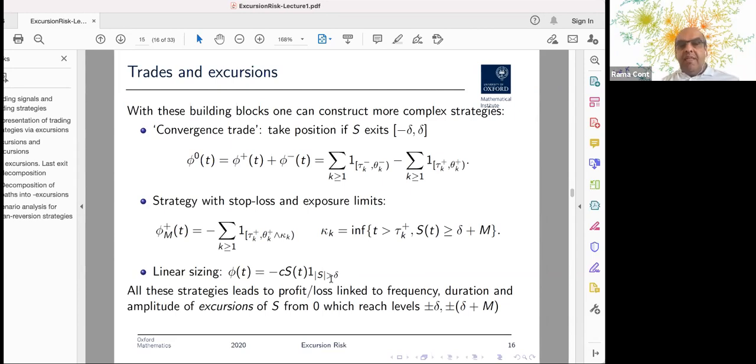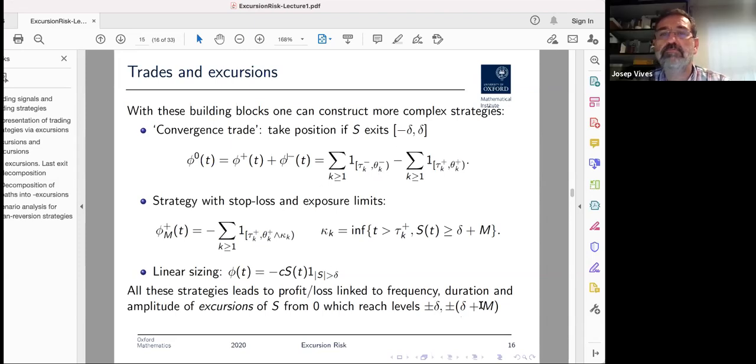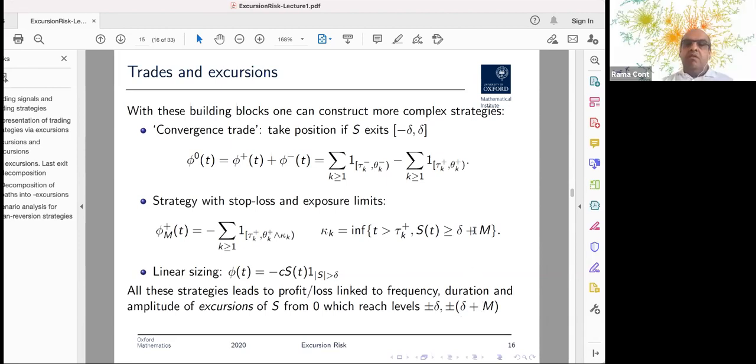And we will see that for all these strategies, the profit and loss and the expressions of everything you want to compute in terms of these portfolios is linked to the frequency, duration, amplitude, and structure of the excursions of S from zero, which reach certain levels, plus or minus delta in the case of the simplest one, and possibly other levels involving stop loss and exposure limits.